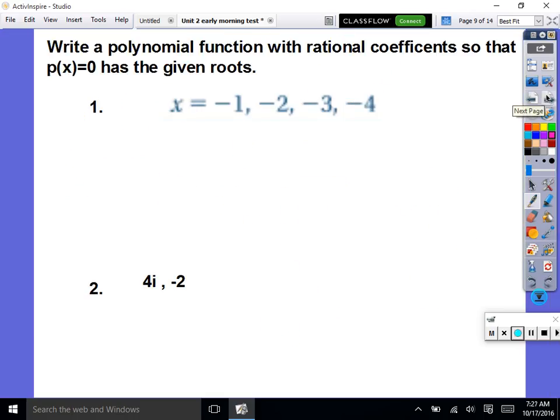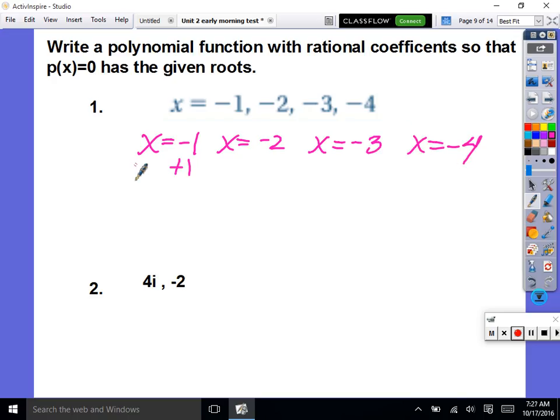Okay, next thing it says, write a polynomial function with rational coefficients so that p of x equals 0 has these given roots. So these are the given zeros. I'm going to split it up and go backwards, right? So we'll add 1 to get it equal to 0, right? Everybody good?